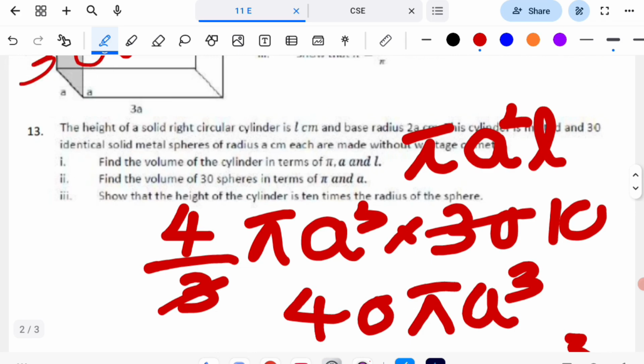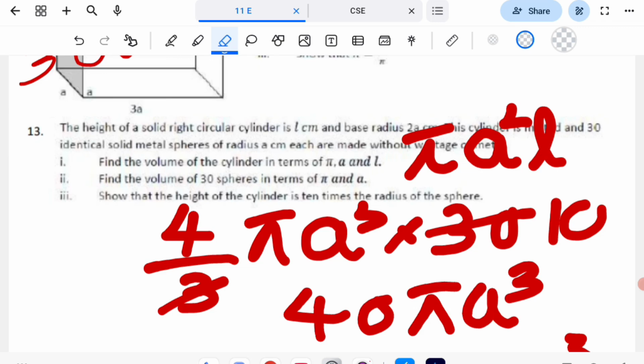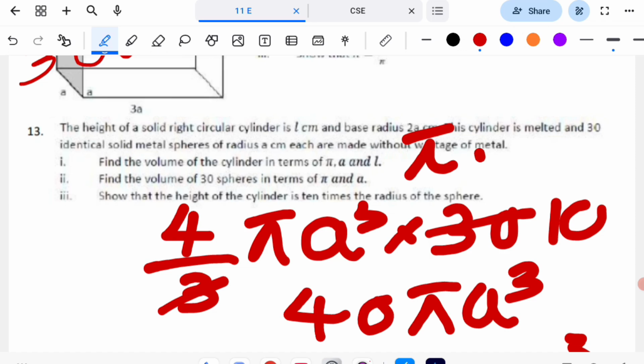Now they have given height of solid cylinder is L and base radius 2a. Then volume of cylinder should be pi radius 2a squared, 2 squared means 4, a squared L.